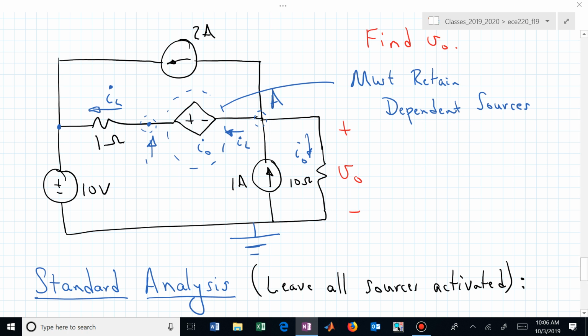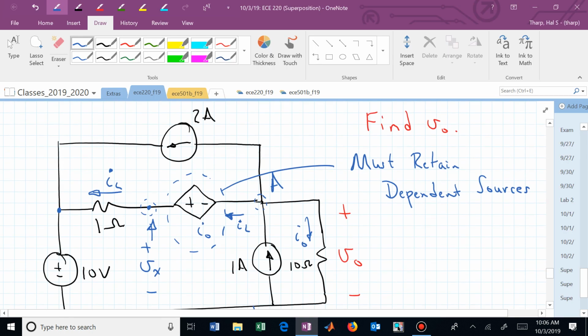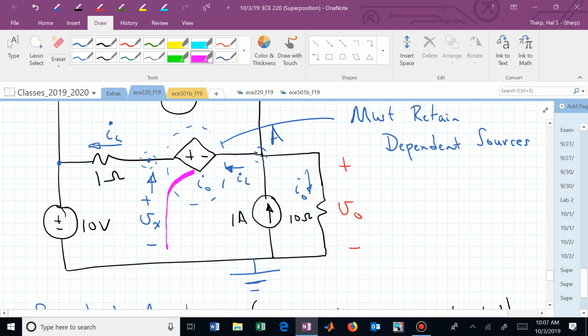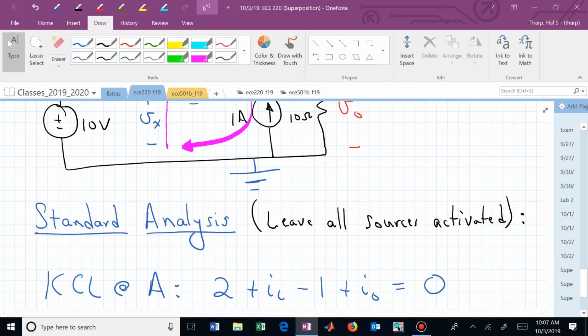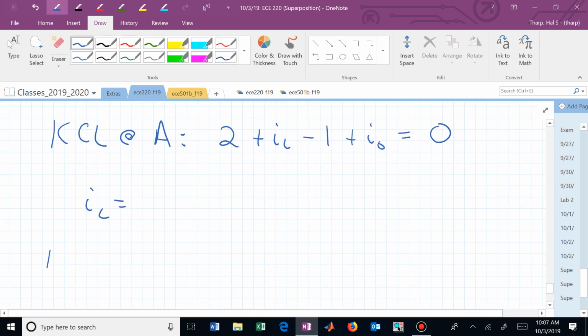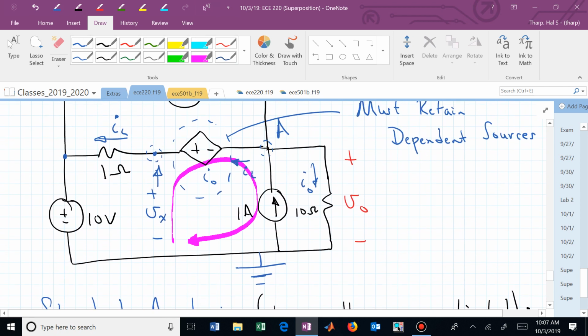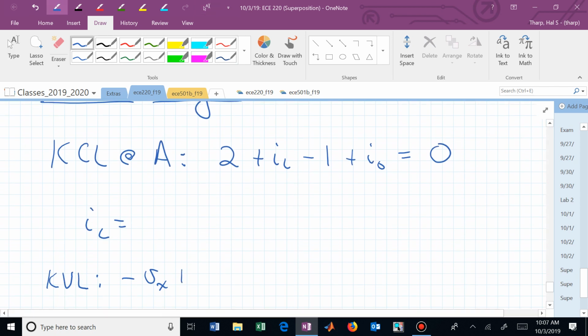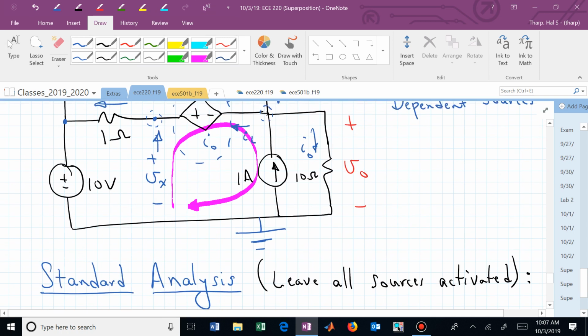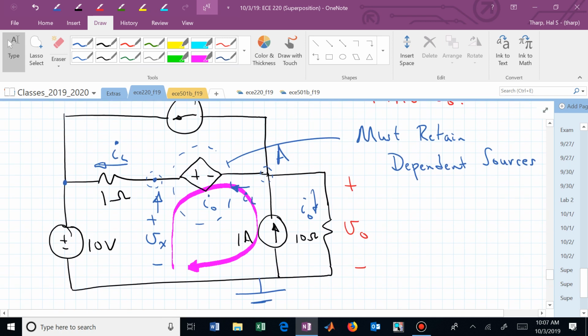So if I said this is V sub x, and I did a KVL around here, I'm sort of doing this on the side. I now have a KVL to try to find V sub x. It's minus V sub x plus I sub 0, that source. But what else do I know about that current source? It's in parallel with V sub 0.